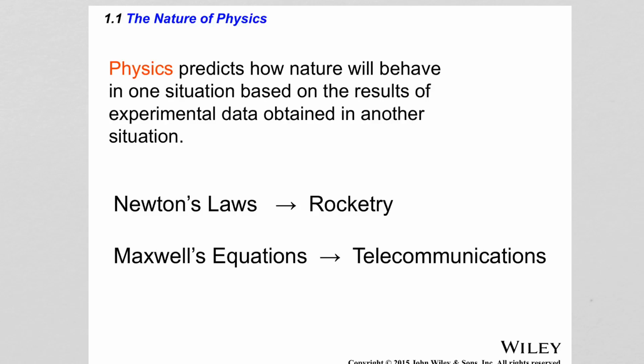And so these laws can be applied to something as simple as a block of wood that can slide across a wooden floor. Well, but Newton's laws are also applicable in rocketry. Fundamentally, the motion of a rocket is governed by Newton's three laws.